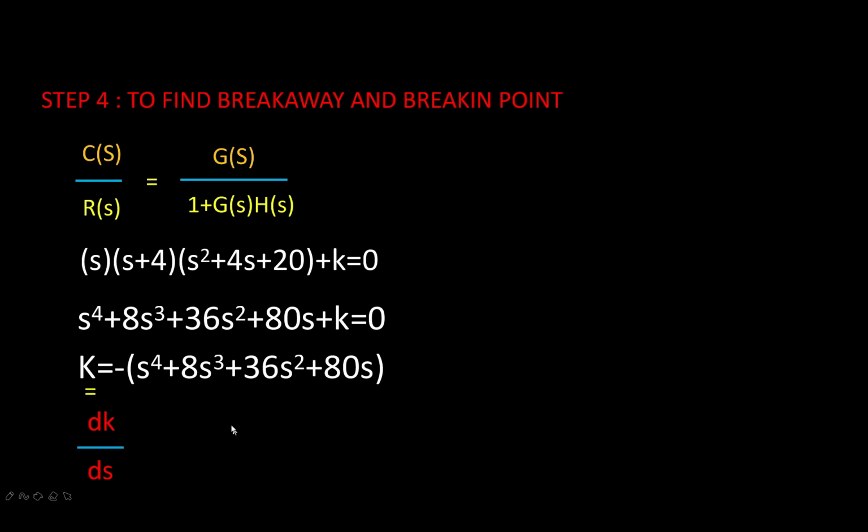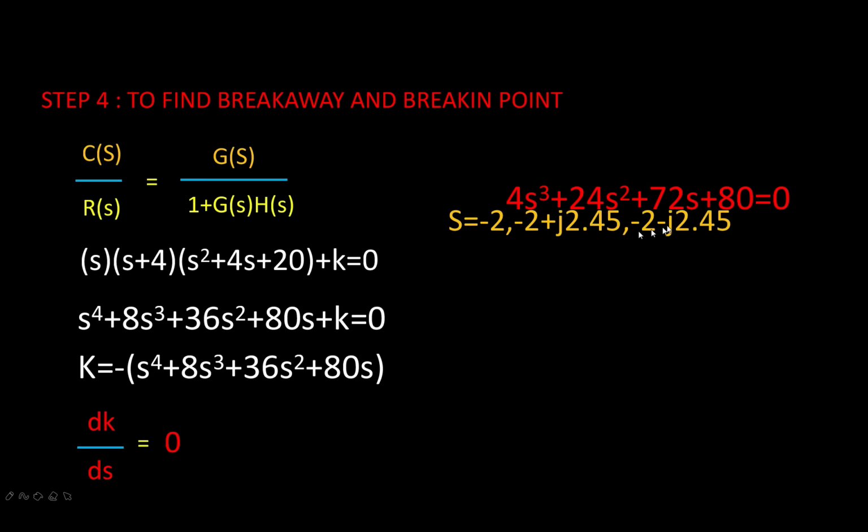Whenever you want to find the breakaway point or break-in point, the condition is that the value of k should be positive for every value of s. So in order to do that, we'll differentiate this k equation and equate it to 0. So s power 4 becomes 4s cube, plus 24s square, plus 72s, plus 80 equal to 0.